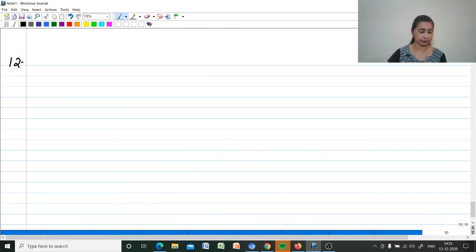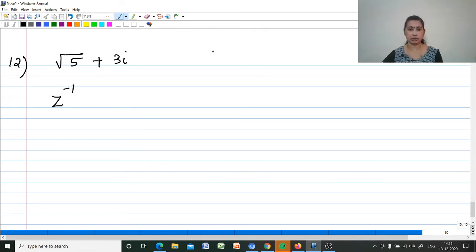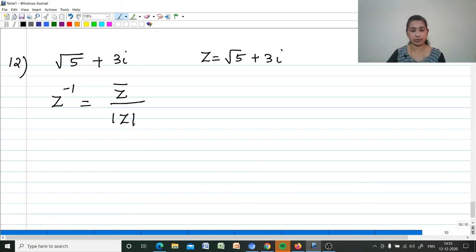Question number 12. Root 5 plus 3i. We have to find the multiplicative inverse, or we can write it as z inverse. So, z is equal to root 5 plus 3i. So, z inverse equal to, formula is z conjugate by mod z square.